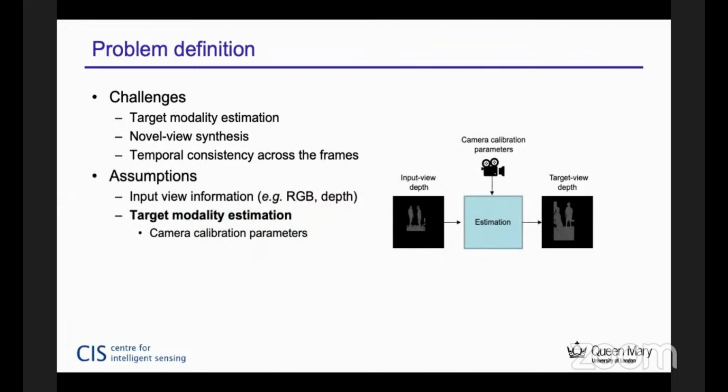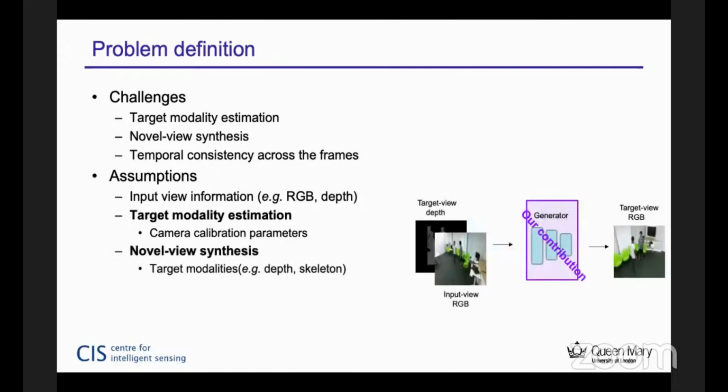The assumptions of this problem are that we are given the input view information, which is the RGB stream and other modalities such as depth or skeleton, for example. For the first sub-problem, target view modality estimation, we have the camera calibration parameters. In the example of depth, we have the input view depth along with the parameters of the target view, and we go through an estimation pipeline to estimate the target view depth.